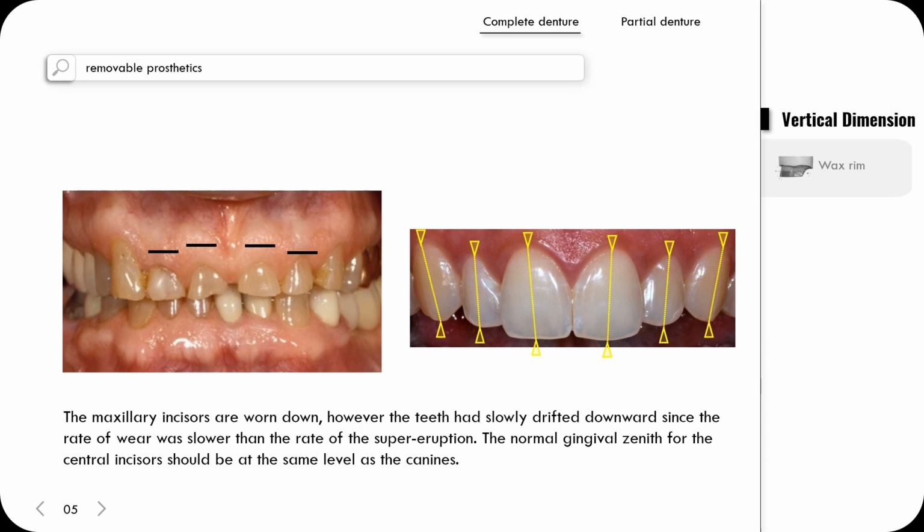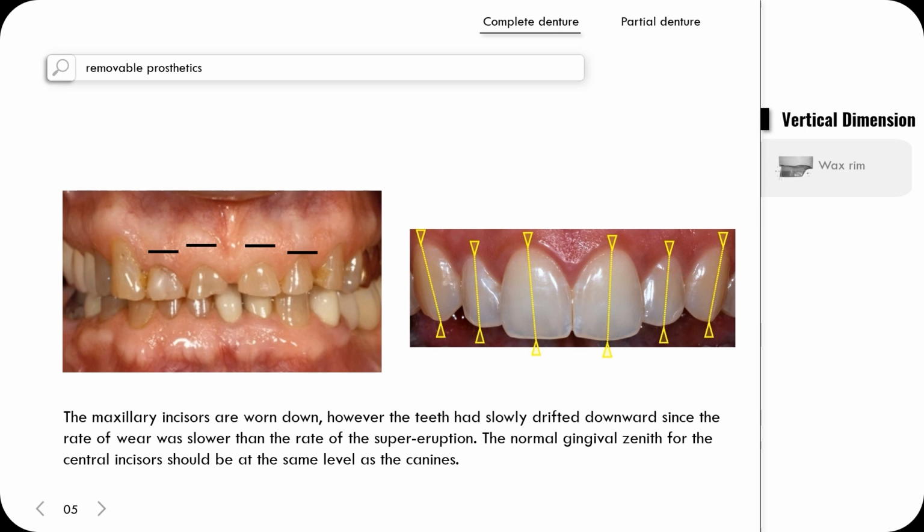So if we were to look at the lines, we would say before there was tooth wear, the gingival zeniths follow the pattern of those lines. And as teeth started to wear down, the teeth started to drift down, and along with the drifting, there was deposition of bone and the gingiva kind of grew down with it as well, thus having such a dramatic shift in the gingival zenith of those teeth.